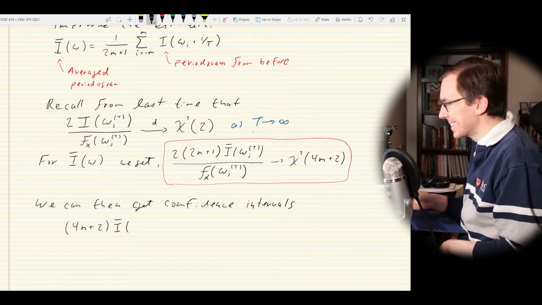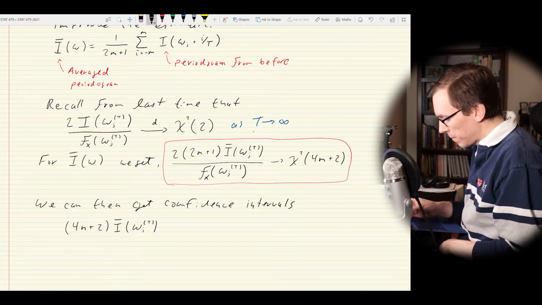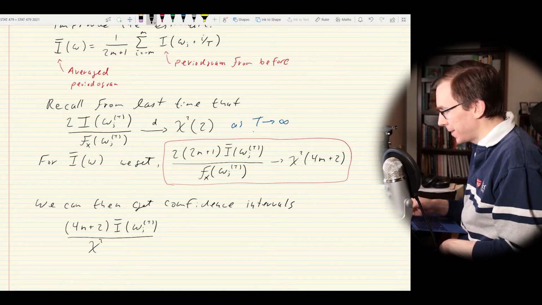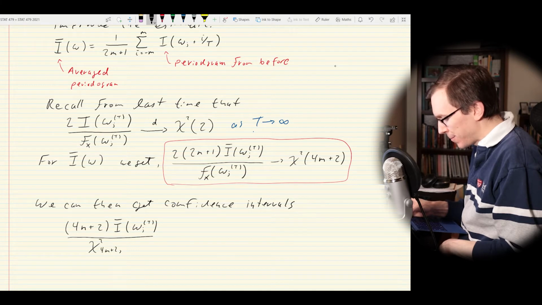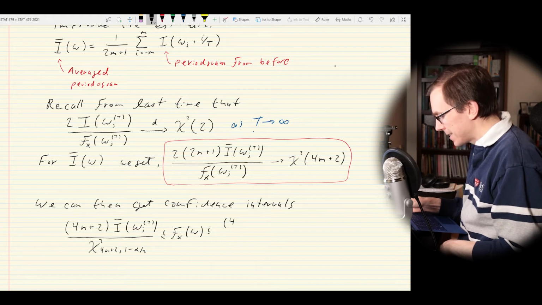I hate that notation. I've got to think of a better one, but no time to think of a better notation right now. If we divide this by our chi-squared with 4m plus 2 degrees of freedom at 1 minus alpha over 2, we have the spectral density in there, and then the same thing on the upper, the right-hand side, that is.